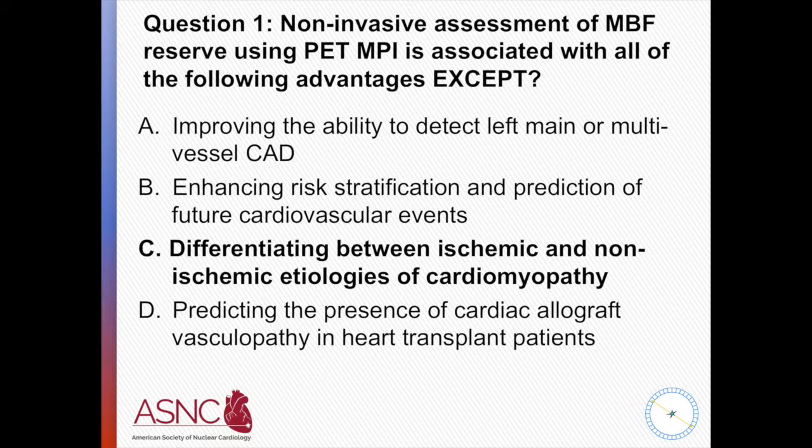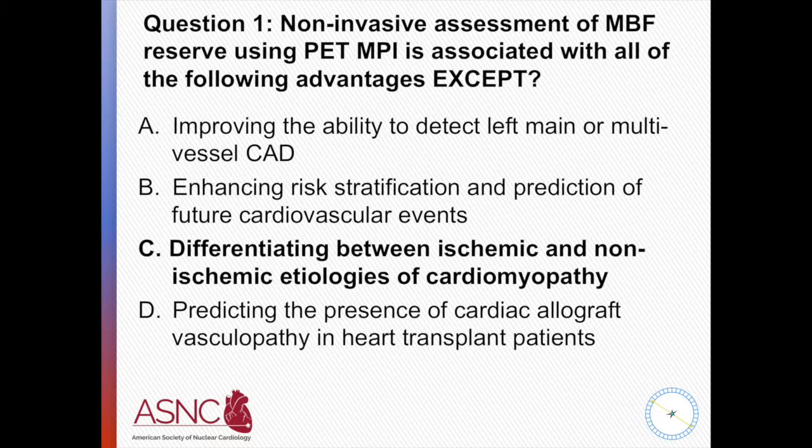Okay, and why does it not do a good job at differentiating ischemic from non-ischemic etiologies? Differentiating ischemic from non-ischemic cardiomyopathy might still be achieved with PET by excluding coronary artery disease, but there are no specific findings seen with PET in patients who have non-ischemic cardiomyopathy.